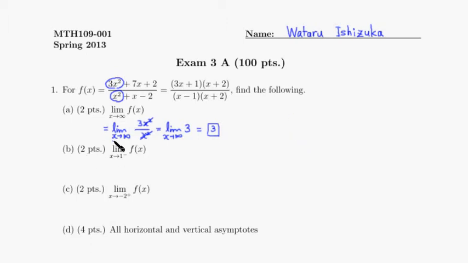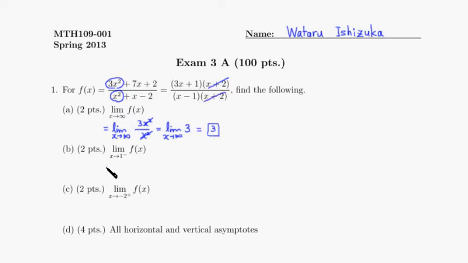Part B: same function, but x approaches 1 from the left. For this one, we're going to use the factored version of the function. On top there's a factor, the quantity x plus 2, and the same quantity x plus 2 is down here. So before we take the limit, we can cancel those out.